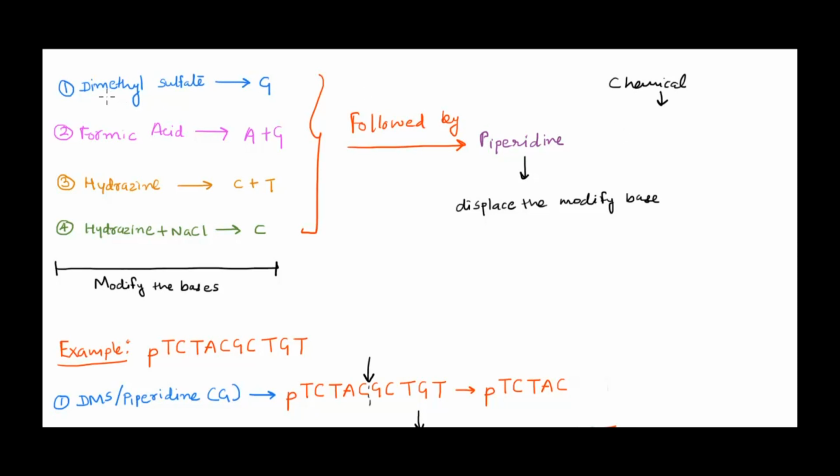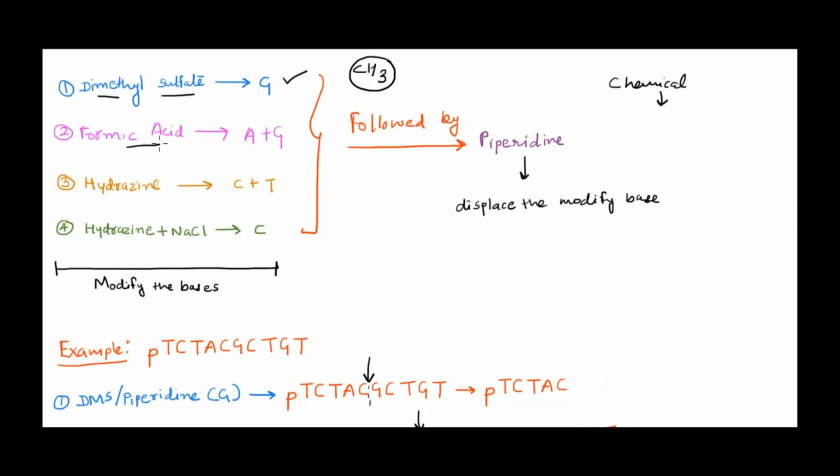Say for example, dimethyl sulfate can modify guanine. And when I say modify, we are not going in detail to see how they modify. Just remember modify. Say for example, dimethyl sulfate can add a methyl group to guanine, and that's how it is going to modify it. It methylates guanine.